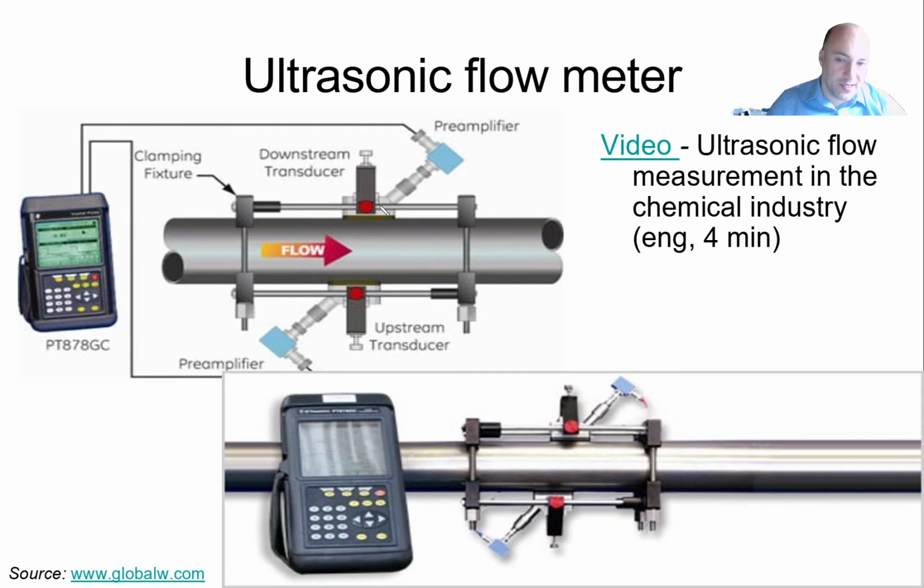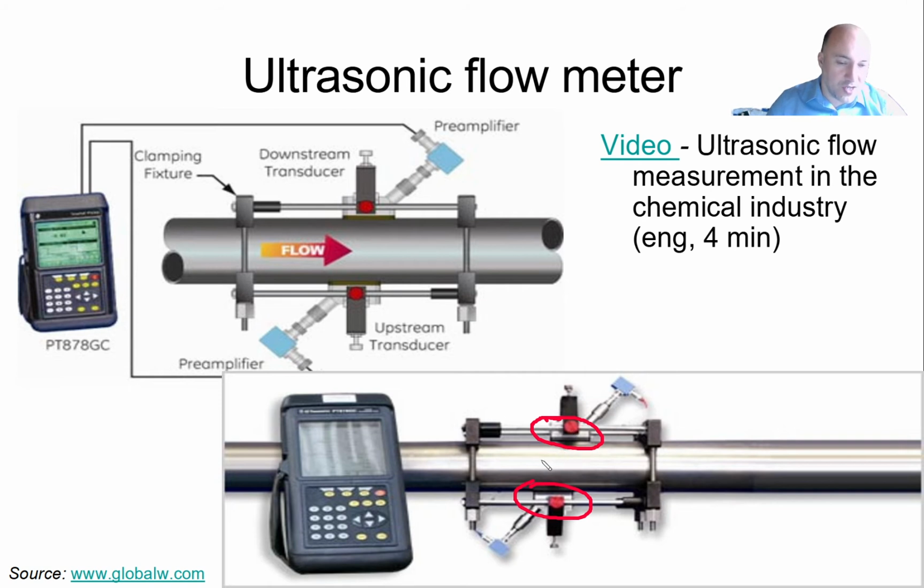You can see that this is a clamp-on system. So the sensor, which is this thing and this thing, is installed from the outside, and we don't have anything that is in direct contact with the liquid itself. So it's fairly simple to install the flow meter. We can even retrofit our application if for some reason we find out that we need to measure flow in this pipe.